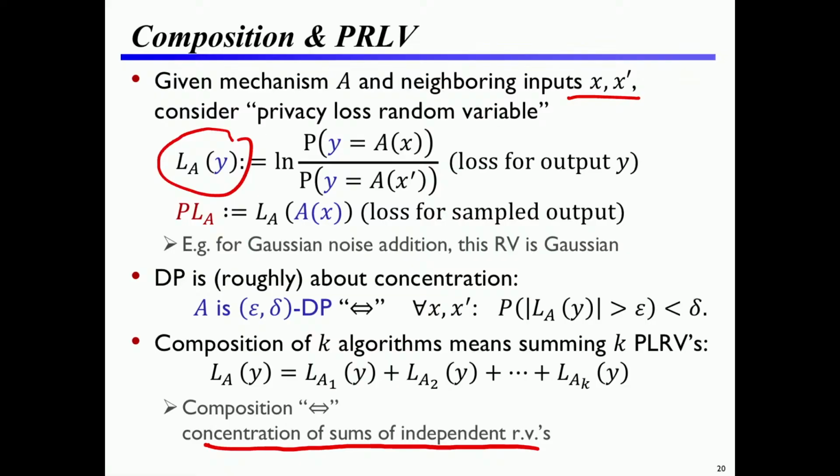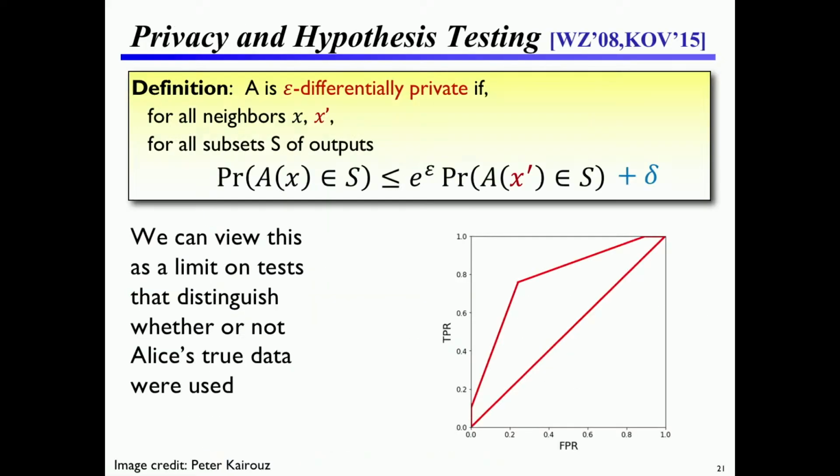Okay, there's this really nice hypothesis testing view of differential privacy. Maybe I should say about it because it came up in the earlier part. But one way to think about this definition is it's a limit on how good a tester you can have for a particular type of hypothesis test, where you give me two data sets, x and x prime, and you ask me which one is the true data set, and I have to figure this out, right?